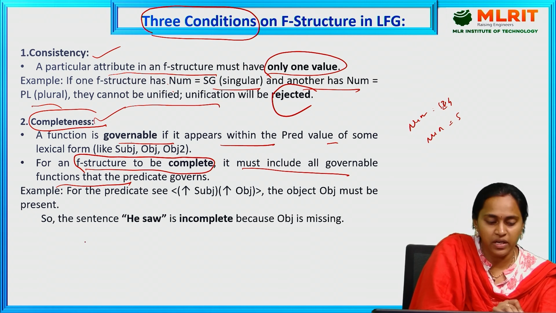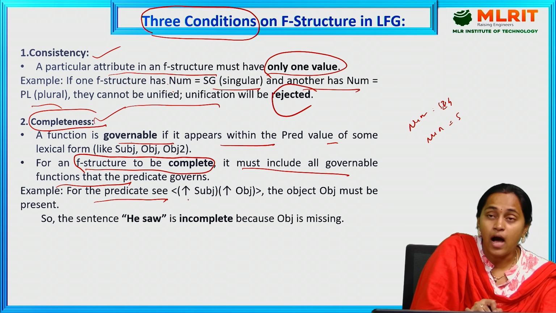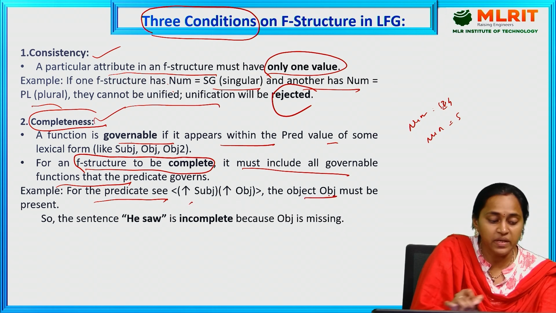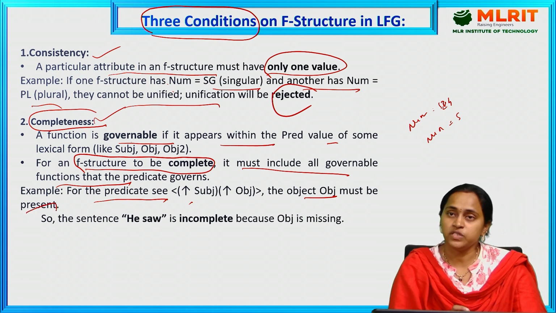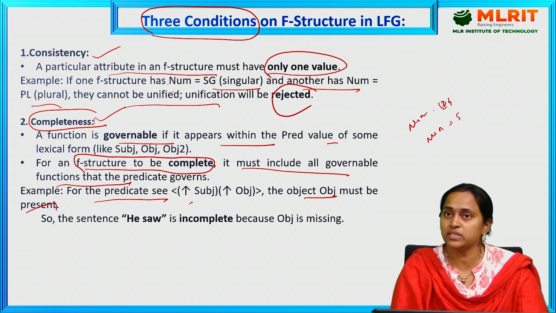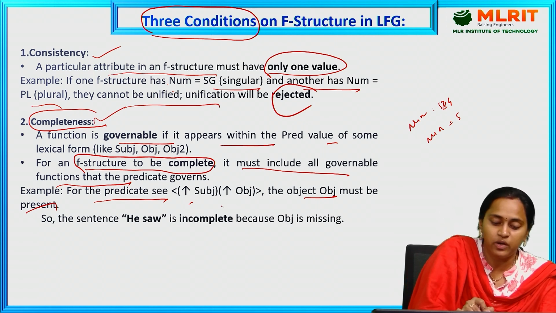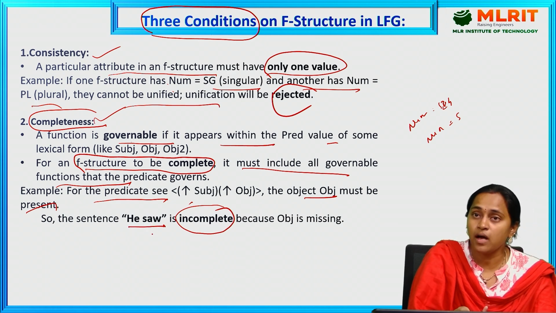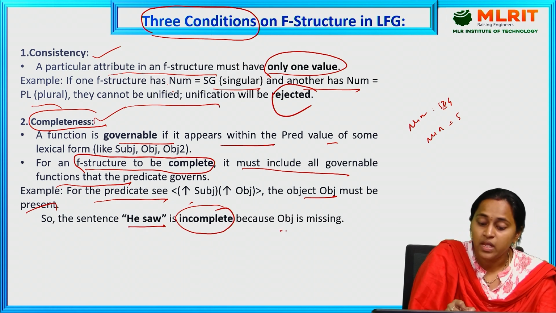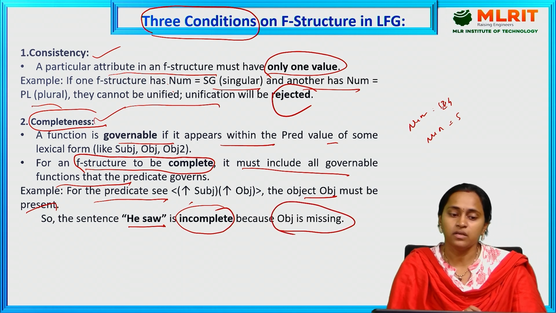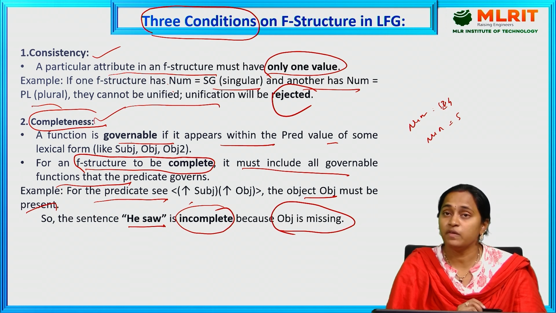See the example here. For the predicate, the subject and object must be present. If anything is not present, that means if the object is present but the subject is not, it is incomplete. See the example here: he saw means what did he see? This is an incomplete sentence, right? So the object is missing. This is the best example of completeness for the conditions of the F structure.